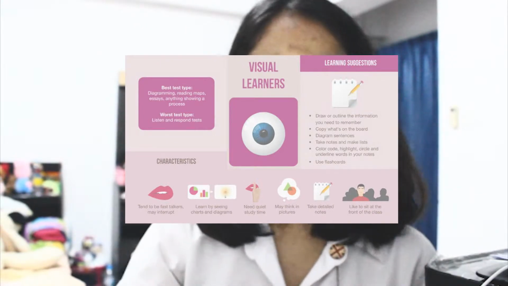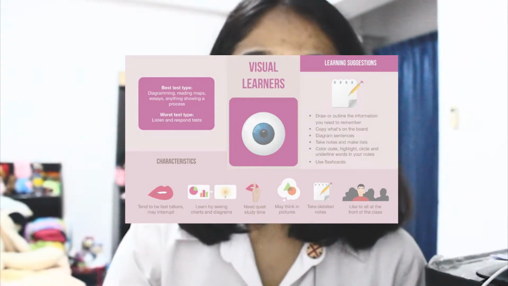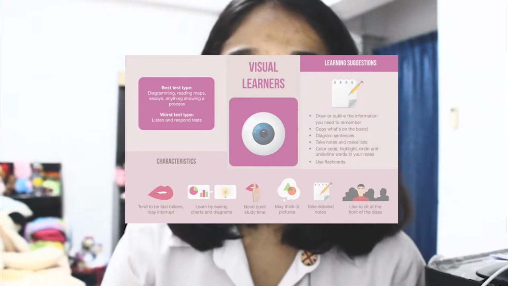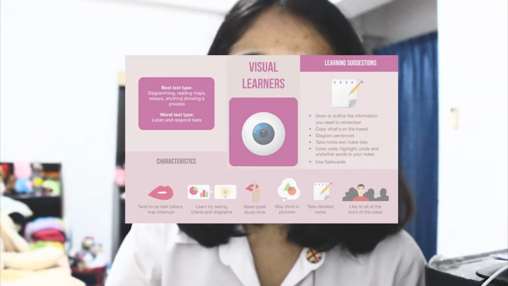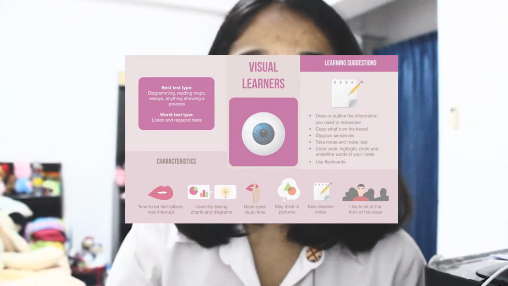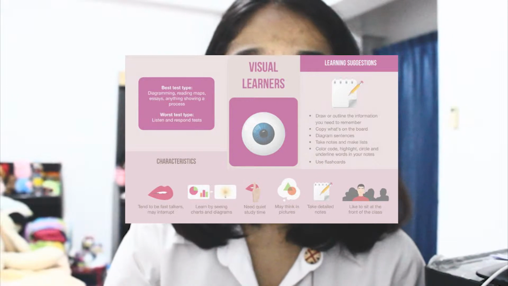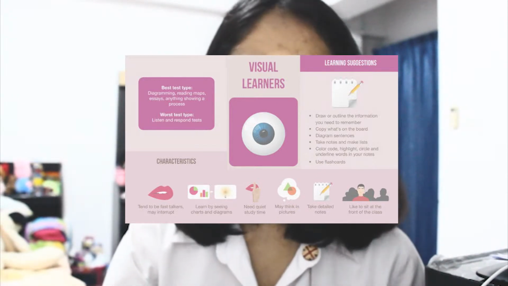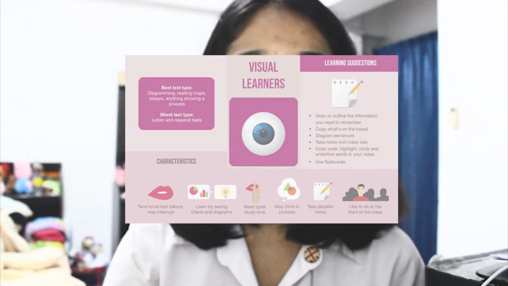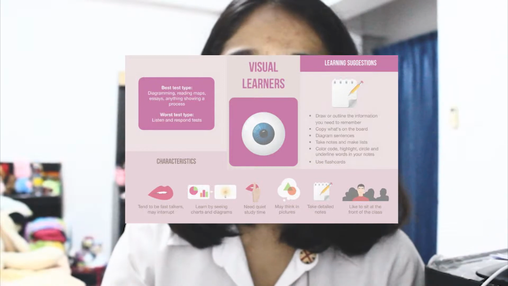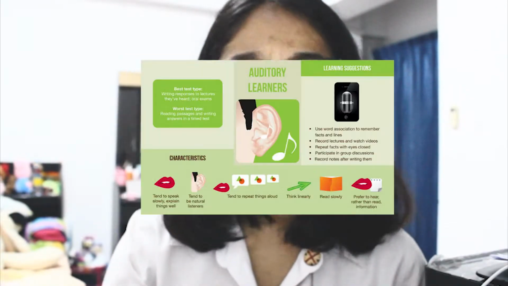Firstly, visual learning style. The learner needs to see the teacher's body language and facial expression to fully understand the content of the lesson. They generally prefer to sit at the front of the classroom. The individual may learn better from visual displays, including diagrams and videos.